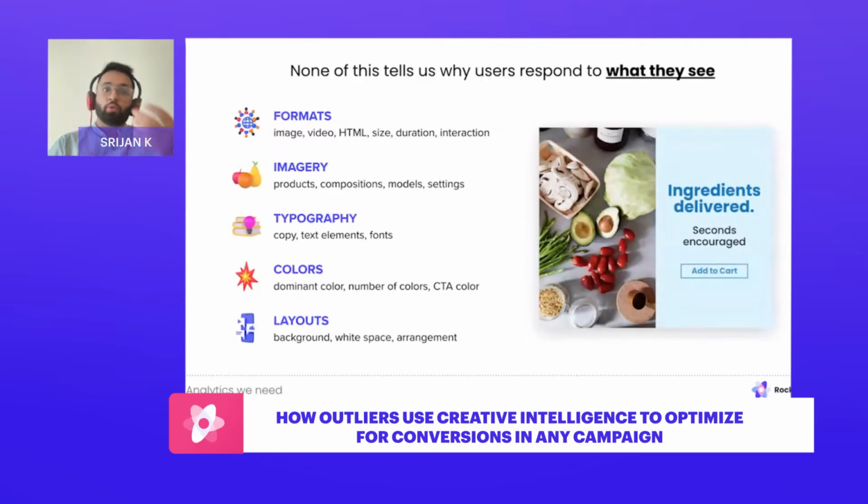Those parameters could be spread across what sort of format that ad had, or that push notification had. What was the imagery used? Within the imagery, did we use a person versus an illustration? Did we use a single product versus a certain product composition? How did typography impact the overall performance of that creative, right?